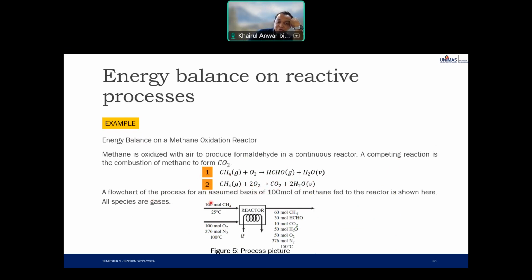The flowchart of the process for an assumed basis of 100 moles of methane fed to the reactor is shown here. All species are gases.